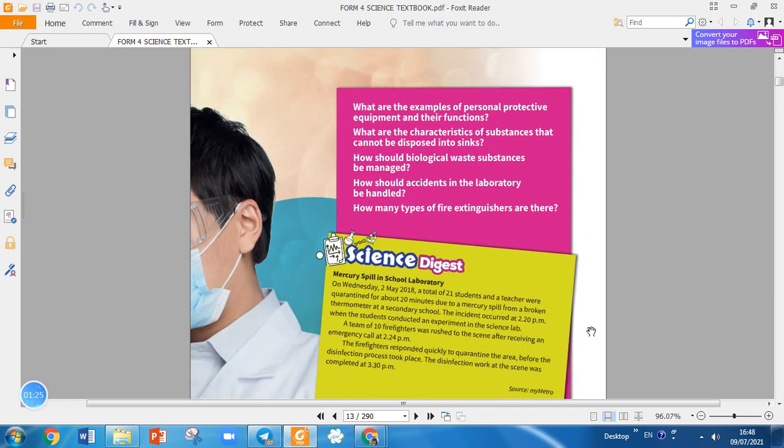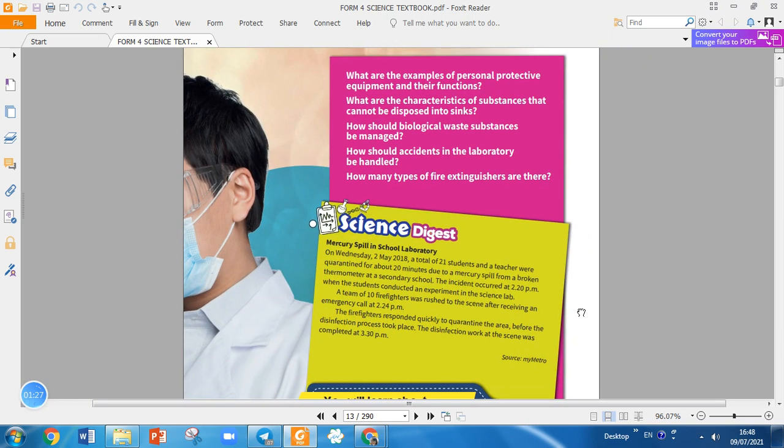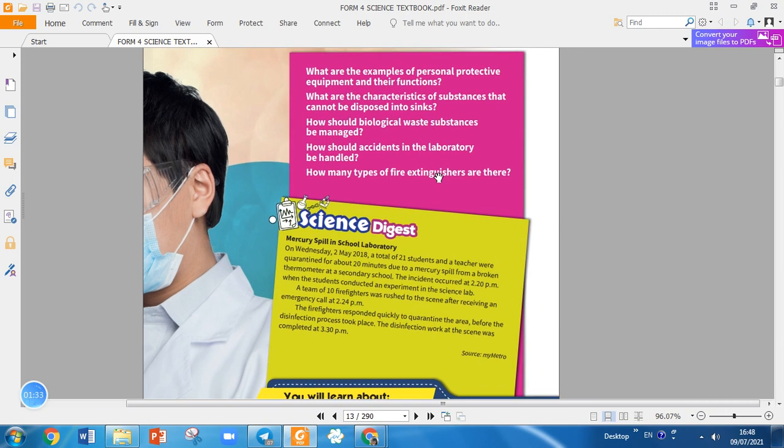There are a few questions that you have to focus on. What are the examples of personal protective equipment and their functions? What are the characteristics of substances that cannot be disposed into sinks? How should biological waste substances be managed? How should accidents in the laboratory be handled?